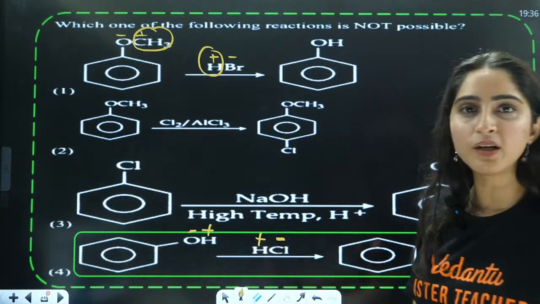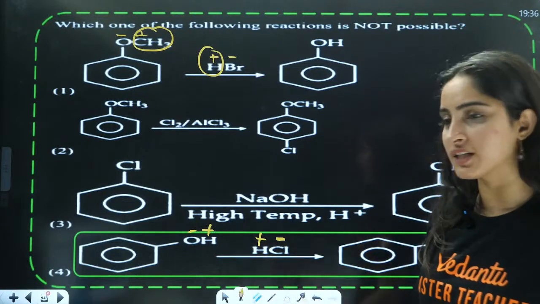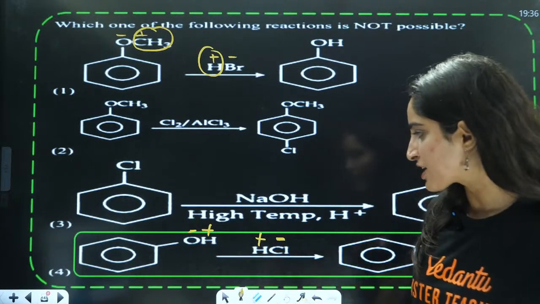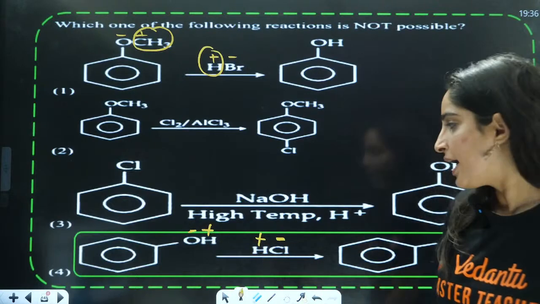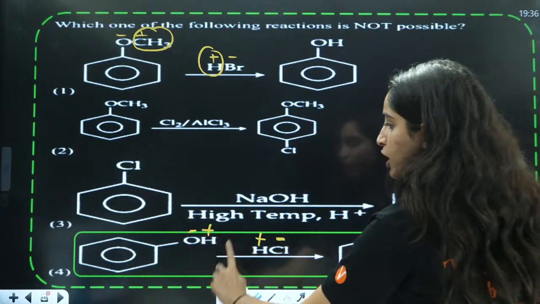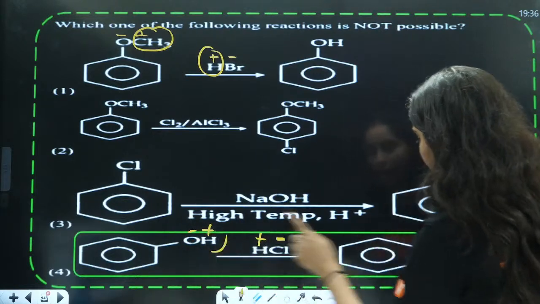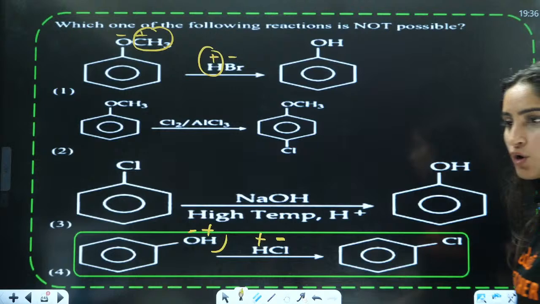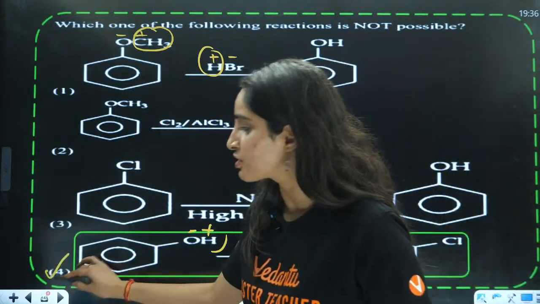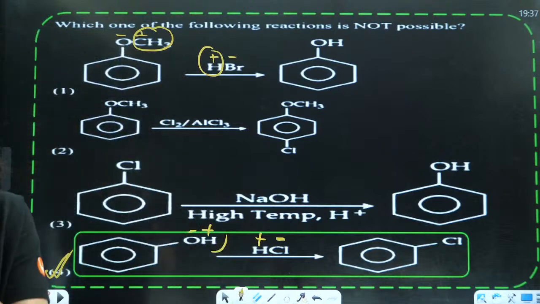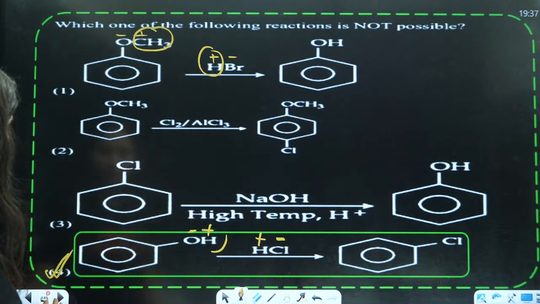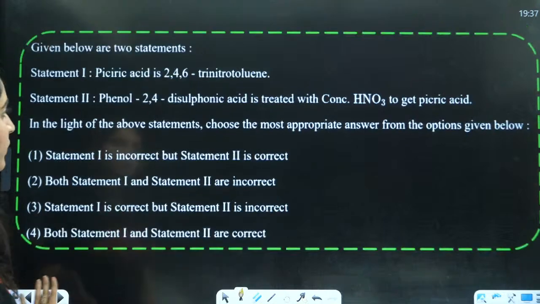What kind of reaction will they do? This H positive can replace the other H positive and become phenol again. It's not possible to replace the whole OH negative and form Cl. That is why this reaction is not possible. Okay? Understood? I think even now you guys are not interested.